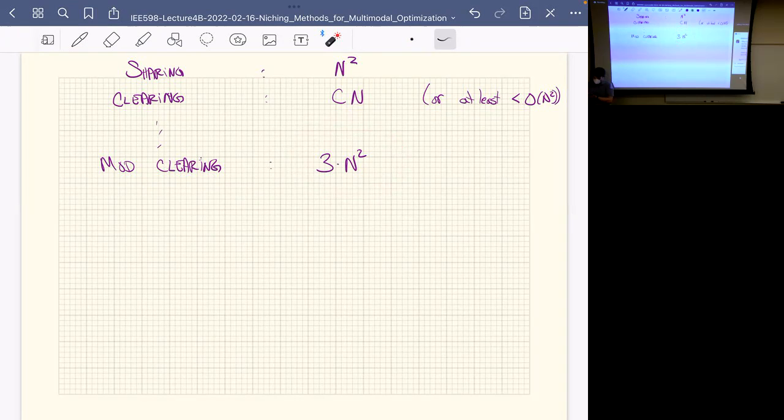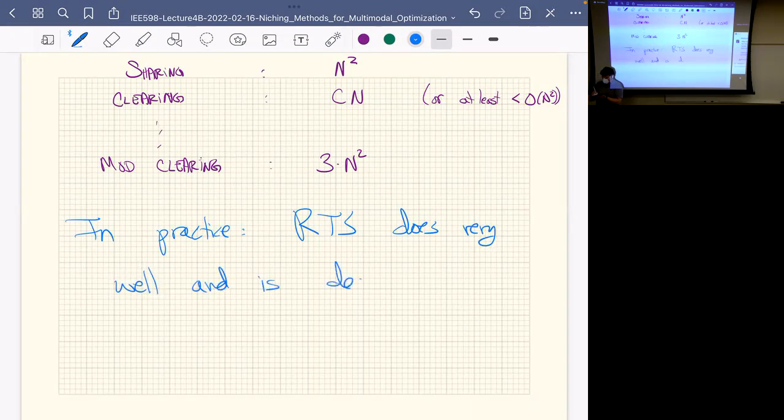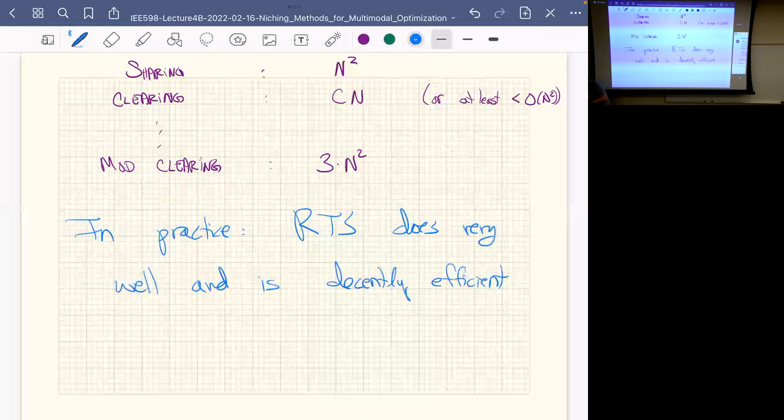In practice, RTS does very well and is decently efficient. So, crowding approaches.